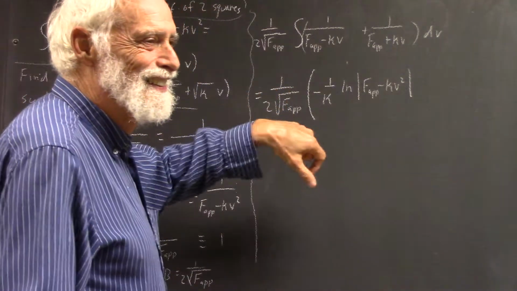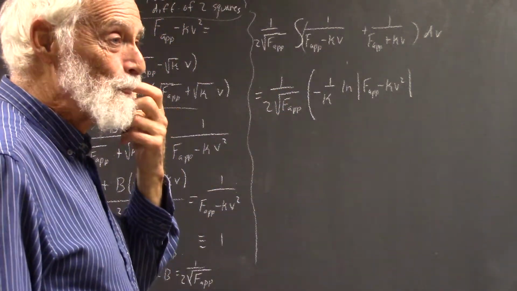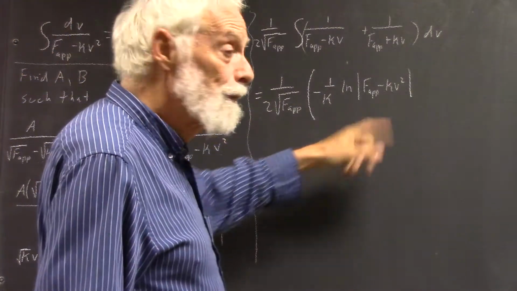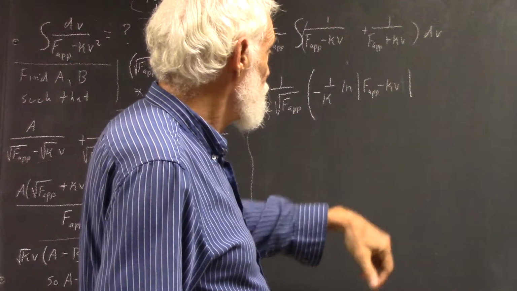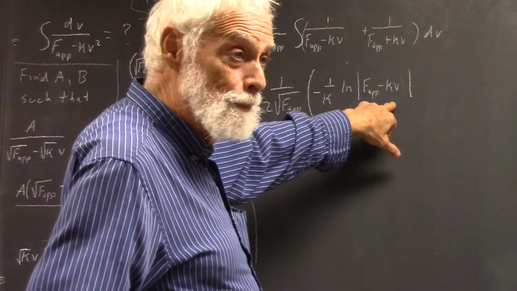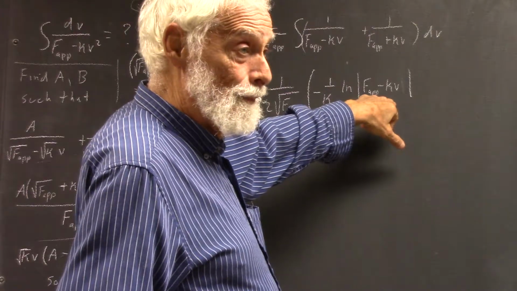Okay. So we get this, right? And just to check it, we take the derivative of this, the derivative of the inner function, and it's not v squared, is it? The derivative of the inner function is kappa, okay?